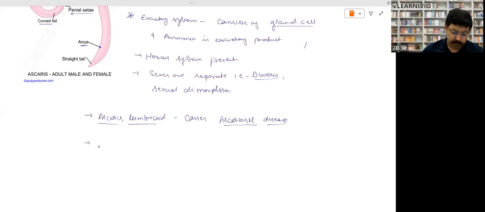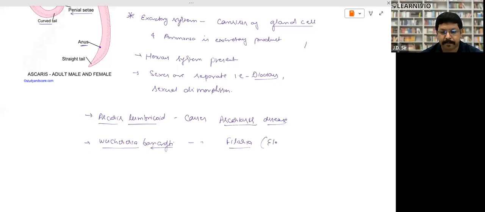From this phylum, there is one more. We have already discussed this in the 12th class syllabus. The name is Wuchereria bancrofti. Who will tell what it causes? Elephantiasis. Very good. This is the filaria worm. It causes filariasis, and filariasis is also known as elephantiasis. We have already discussed this in detail, so need not discuss it here.